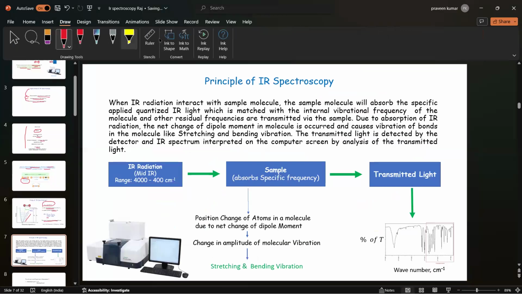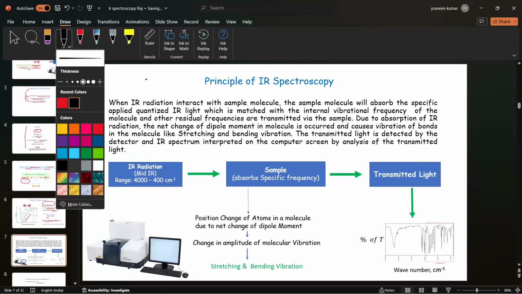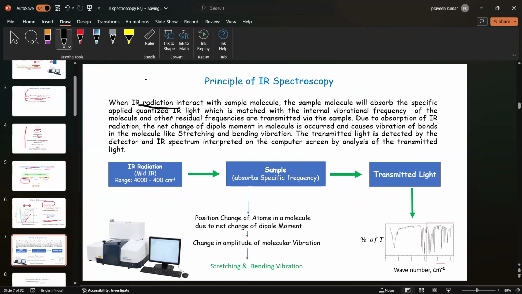Here is another quite important concept which you have to remember, guys. When IR radiation interacts with the sample, the sample molecule absorbs the specific applied quantized IR light when its frequency matches the internal vibrational frequency of the molecule, and the other frequencies are transmitted through the sample.